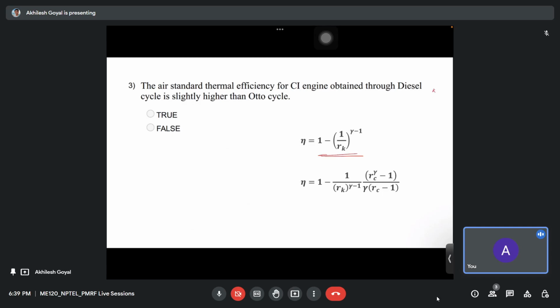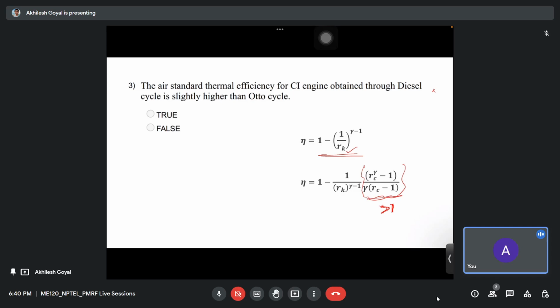The efficiency varies with the compression ratio rk, but for the same compression ratio, the efficiency of diesel cycle is a little lesser than the efficiency of Otto cycle, because this term is always greater than 1.